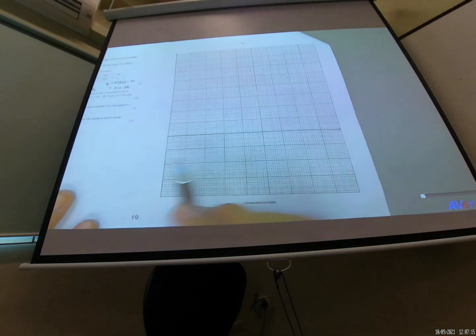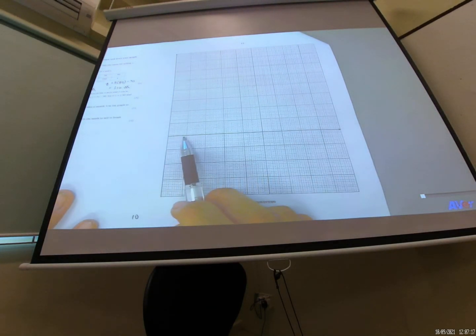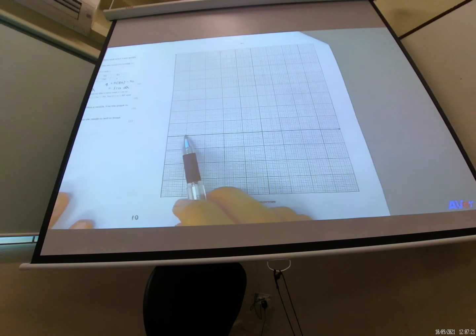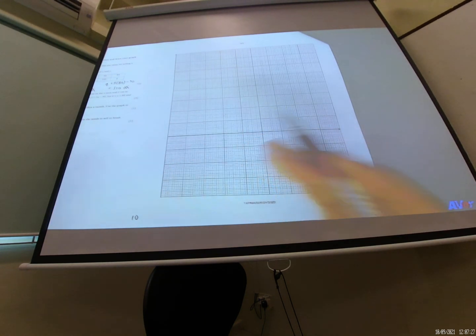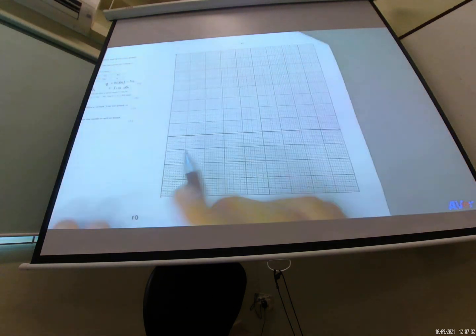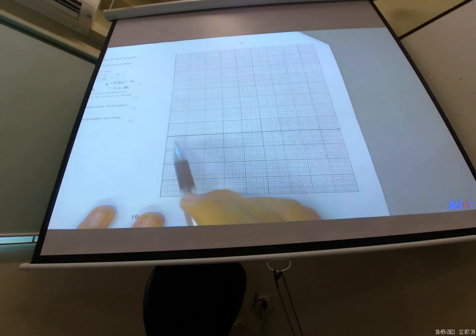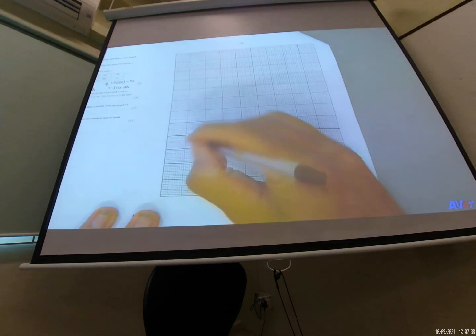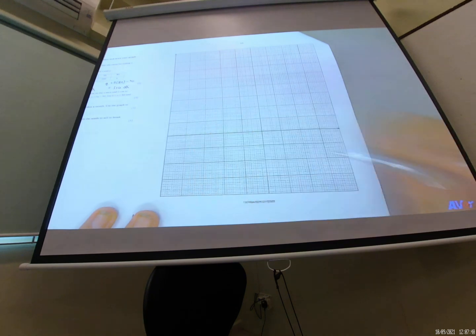If we printed this as one full page it would be 2 cm, but now we print it as half a page. So still take one big box as 2 cm.